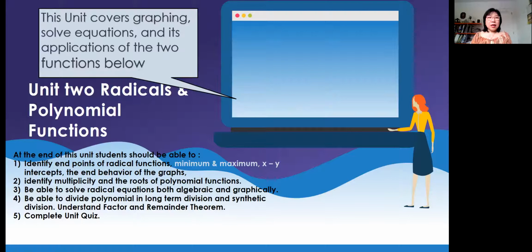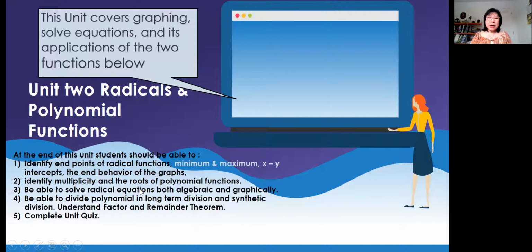At the end of this unit, students should be able to identify endpoints of radical functions, minimum and maximum, x and y intercepts, the end behavior of the graphs, and identify multiplicity and the roots of the polynomial functions.